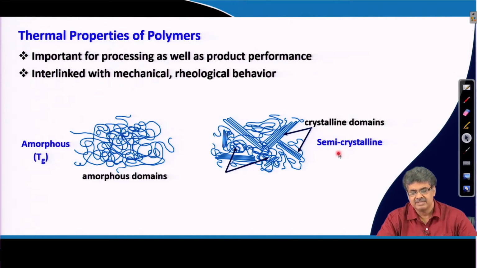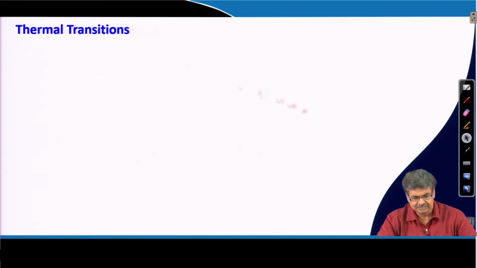Similarly, for a semi-crystalline polymer, we have both amorphous domain and crystalline domain, which correspond to Tg and Tm, glass transition temperature and melting temperature. So, we have been talking about this glass transition temperature and melting temperature. These are the typical thermal transitions in a polymer sample.